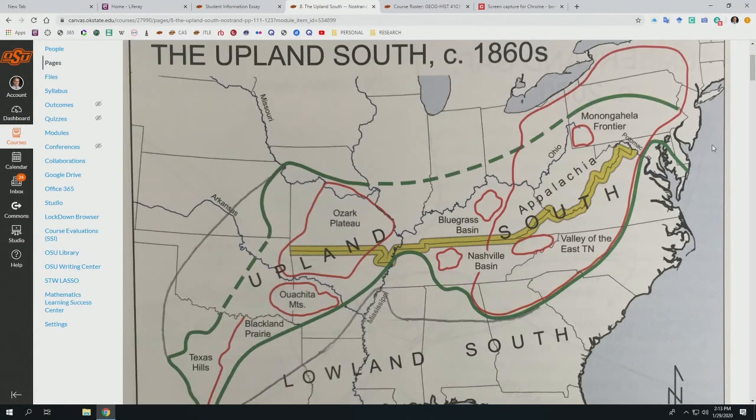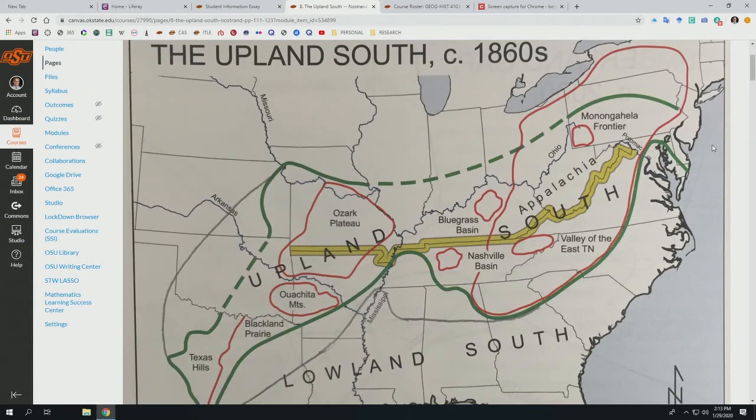And in the lowland South, you have a great disparity historically between incomes, so that you have a certain minority of people who have quite a bit, and also you have people who don't have that much, and then you have also at this point slaves.